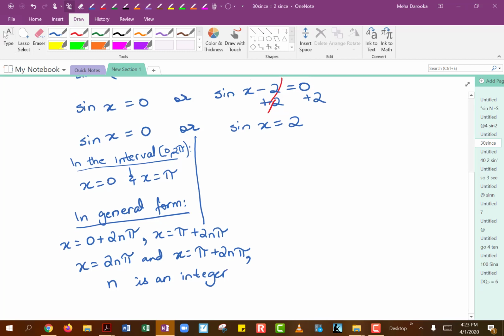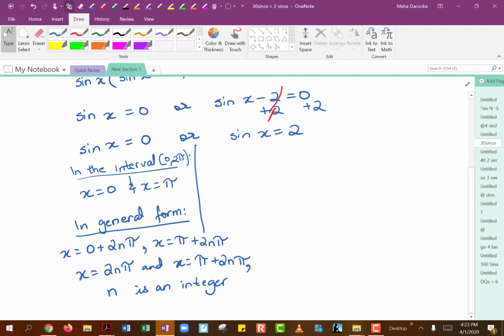Now we are saying, where will the sine of x function equal 2? I don't know if you have realized this at this point or not, but there will be no solution here. Can you think about it and see why there would be no solution here? It's actually pretty similar to what you saw in the previous example.